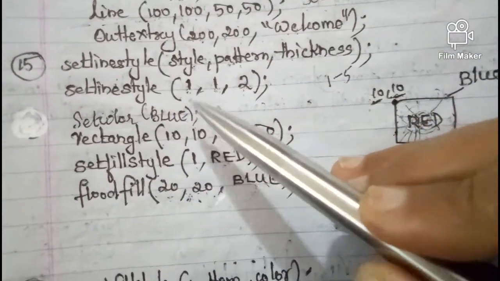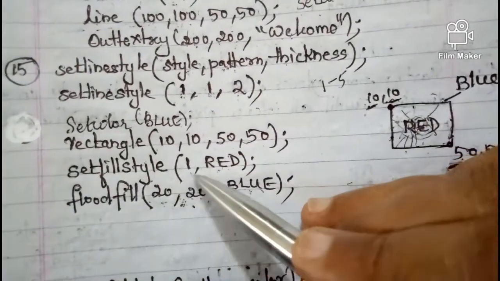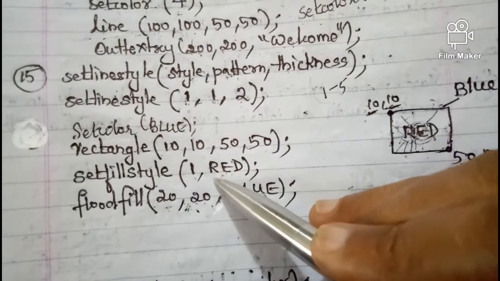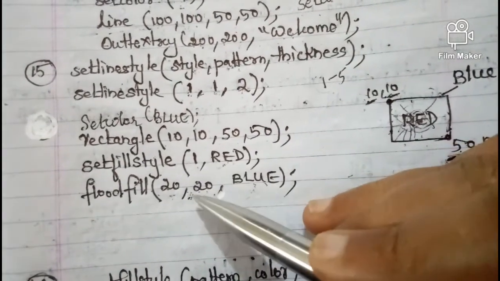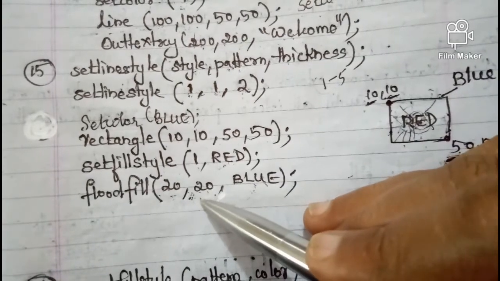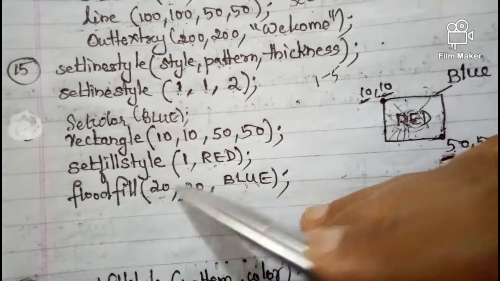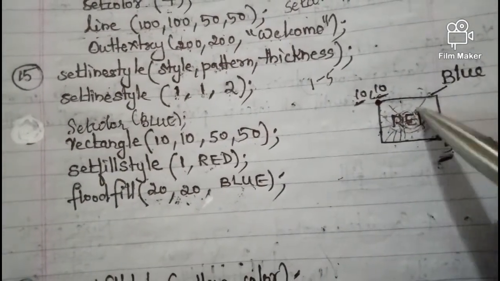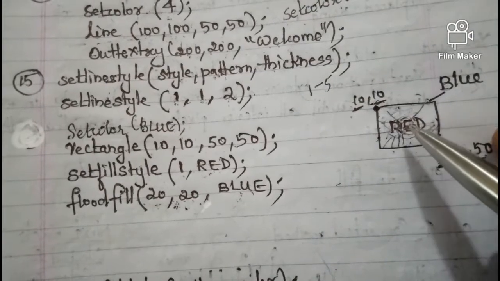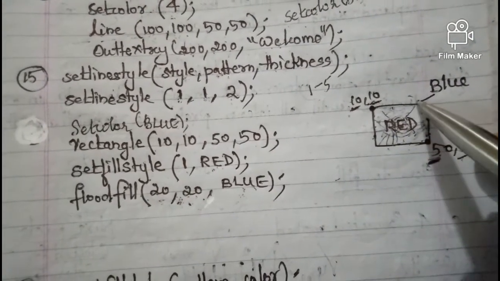Border color is set. You have drawn a figure. Using set fill style, you are giving instruction to fill the interior of the region using red color, and using flood fill you are giving instruction that start coloring from the position 20 20 and continuously color all the pixel positions inside this region and stop whenever a blue color is found.